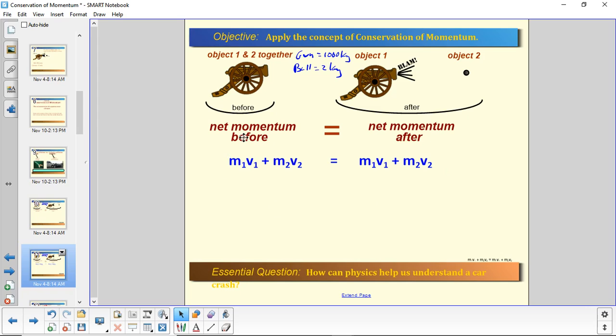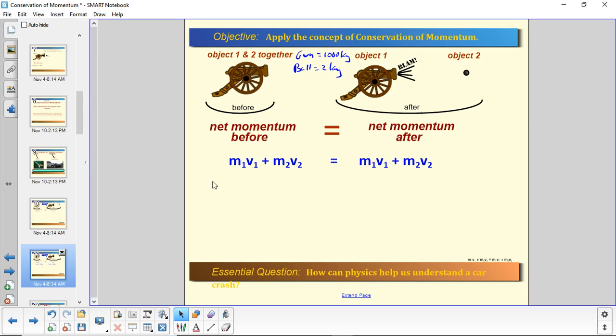And it looks a little scary at first, but don't worry about it. It's actually very simple. M times V is momentum, mass times velocity, that's momentum. So what we're saying is the momentum of the first object, which is the cannon in this case, plus the momentum of the second object, which is the ball in this case.